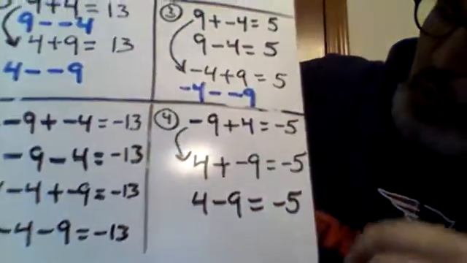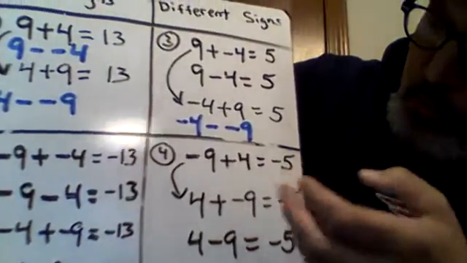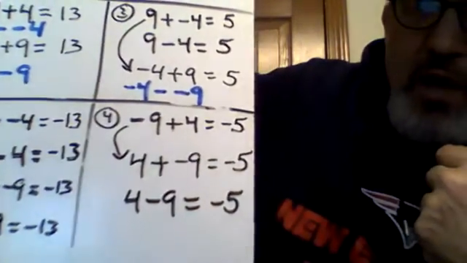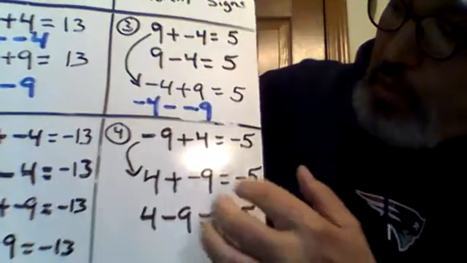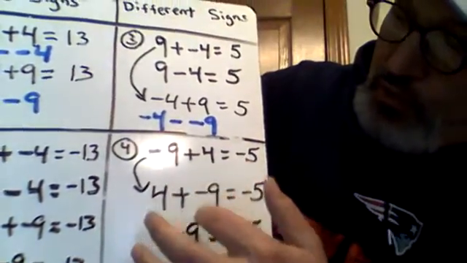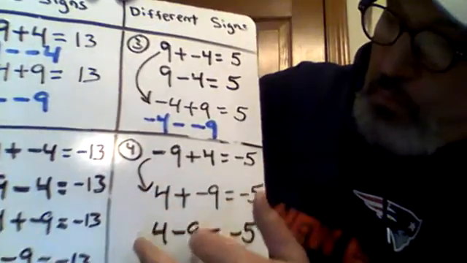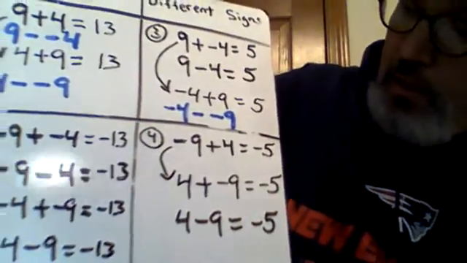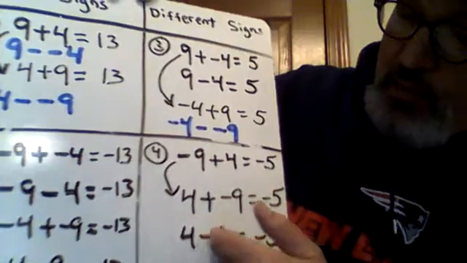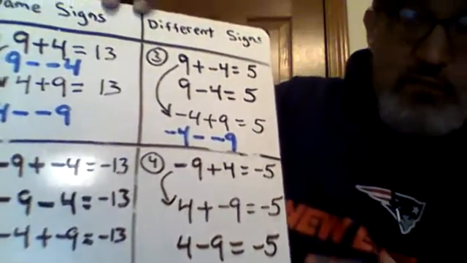And when we look down at number 4, the place where we can have another version of the problem is when we see the plus 4. These two, you can't really do much more with. Adding -9 is the same as subtracting 9. That's pretty much it for that.